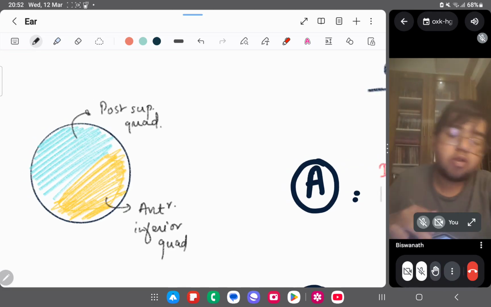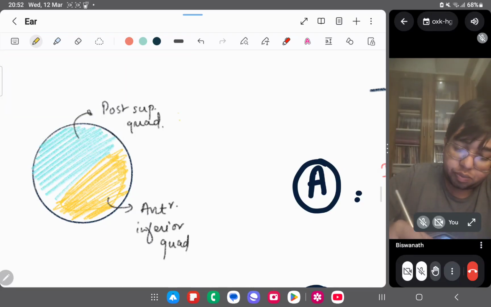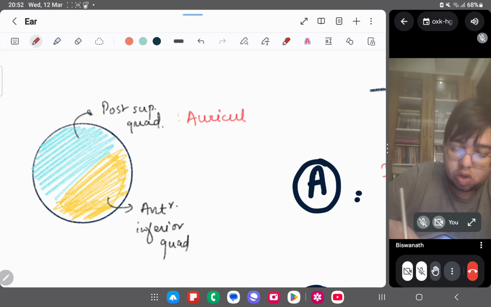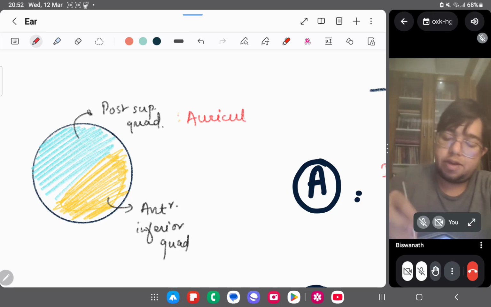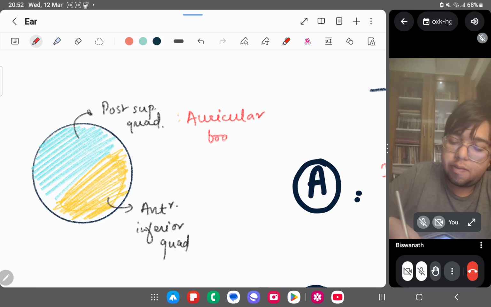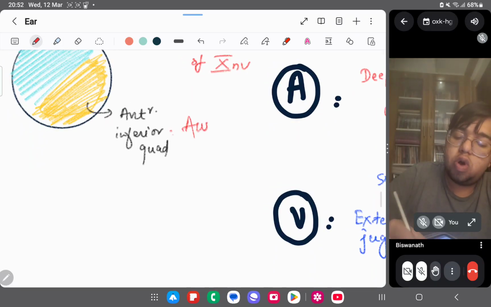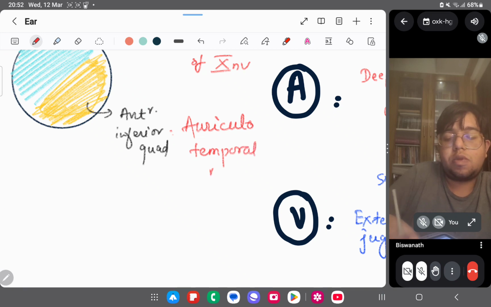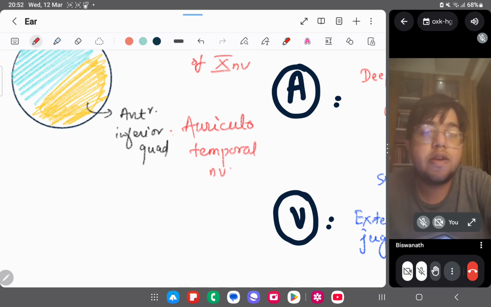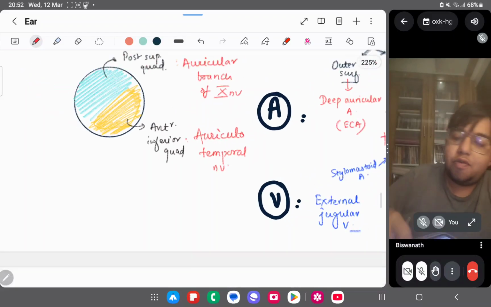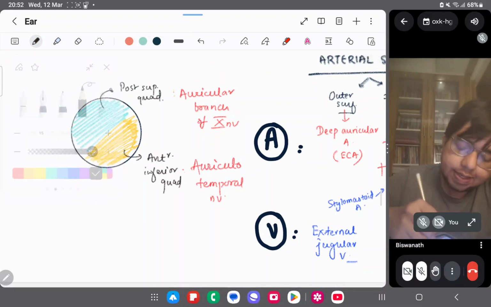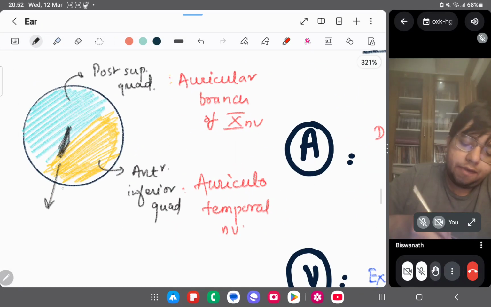This posterior superior quadrant is supplied by the auricular branch of the 10th nerve. This anterior inferior quadrant is supplied by the auriculotemporal nerve.